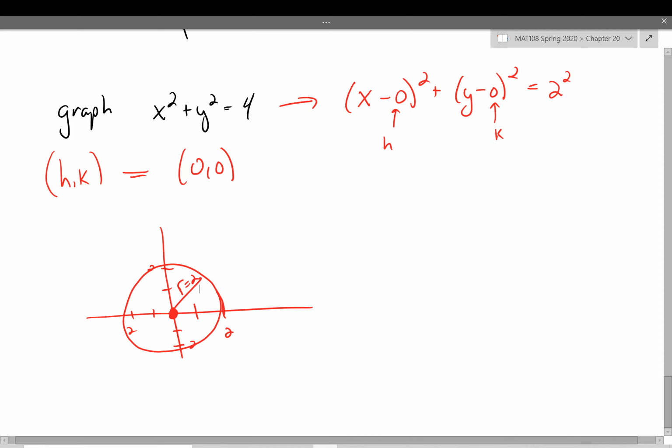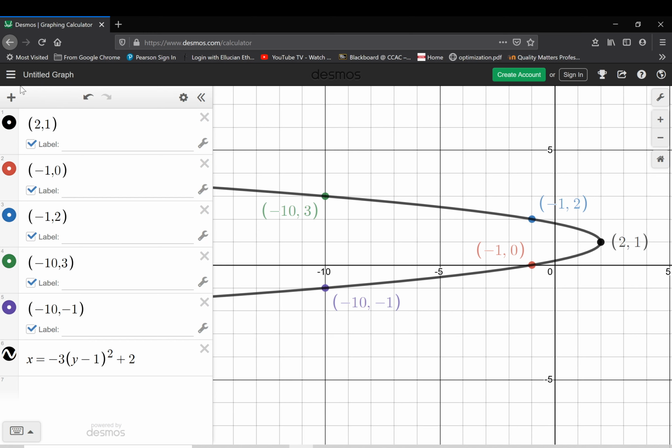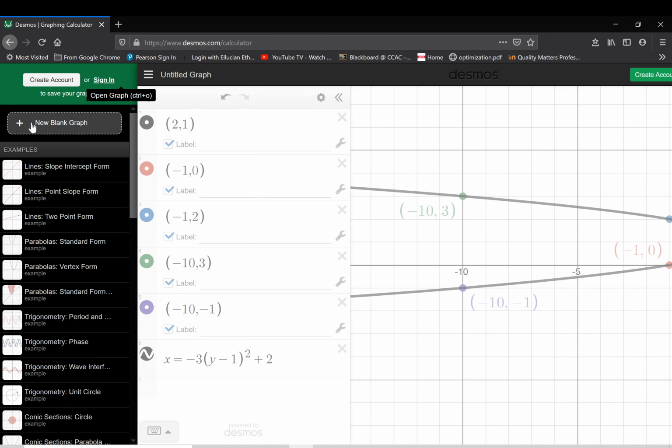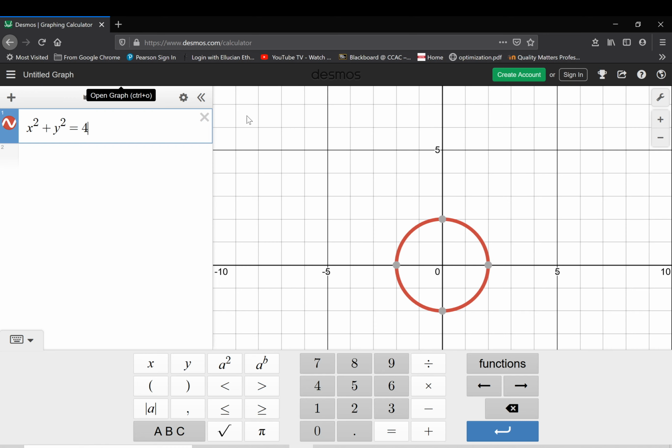So, of course, I like to use Desmos. If you come back into Desmos, I'm just going to click on New Graph right now. I could type this in exactly the way it looks. So we get x squared plus y squared equals, and watch what happens when I hit 4. Bingo, it's perfect.